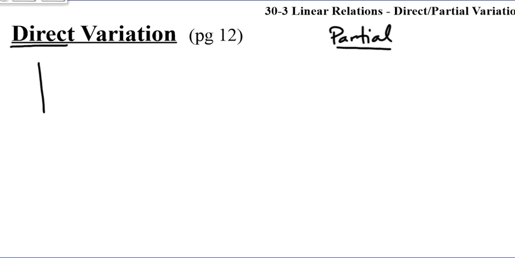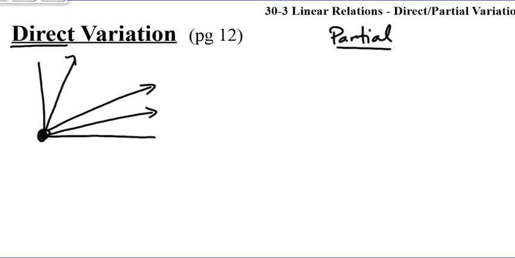Direct variation is anytime we have a graph that starts at the vertex, that 0, 0 point, and then goes up in whatever kind of line, whatever slope. If we go through the vertex, that's direct variation.